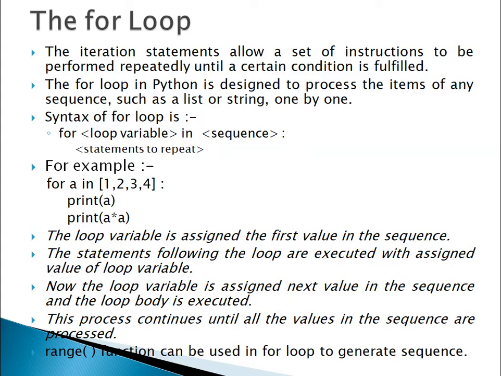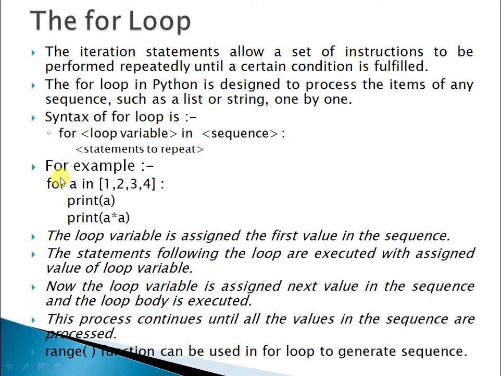Then you will have a sequence. This loop variable will iterate in this sequence of values, and for each value the statements that follow will be executed. Please note that there is a colon sign because for is a compound statement, and after this colon there will be indentation, 4 spaces.